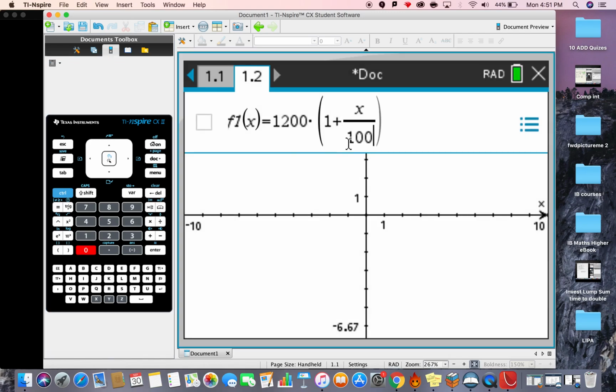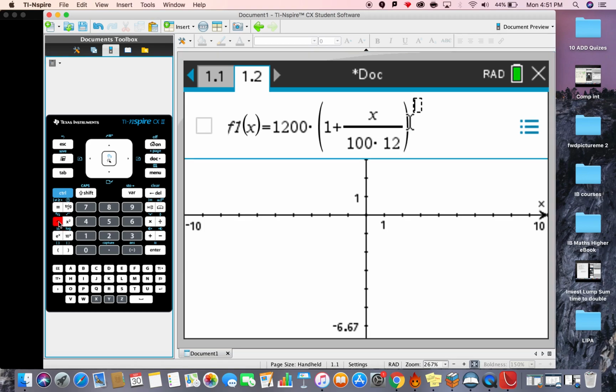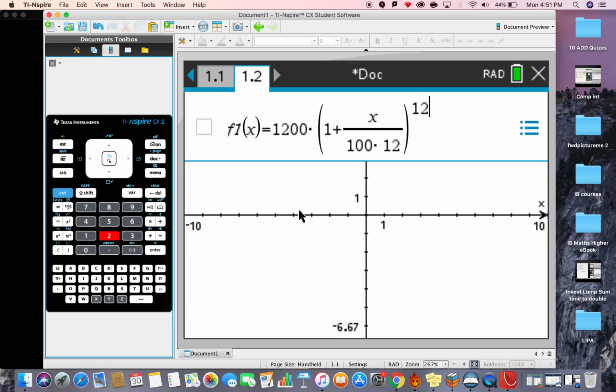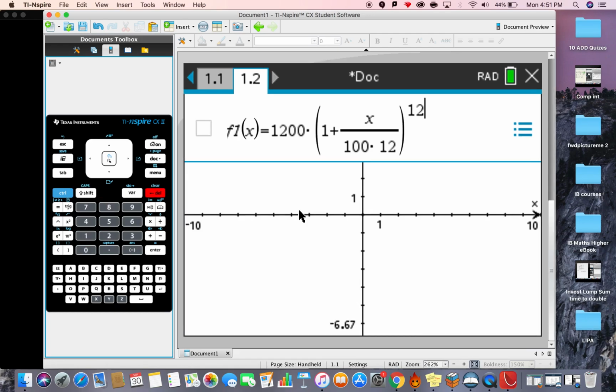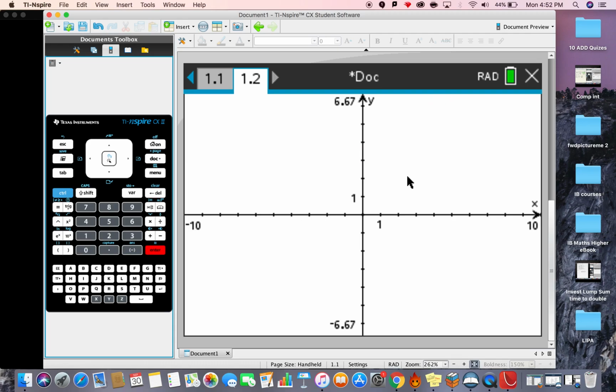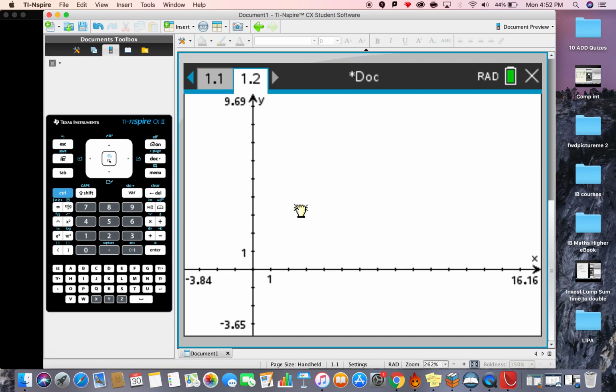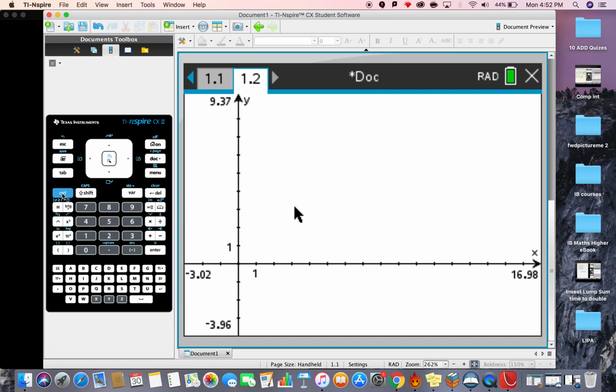This is 100 times 12. Again, you can work that out if you like. And this is to the power of 12 times 10. When I press enter, you don't see anything there because you have no idea where this graph appears.